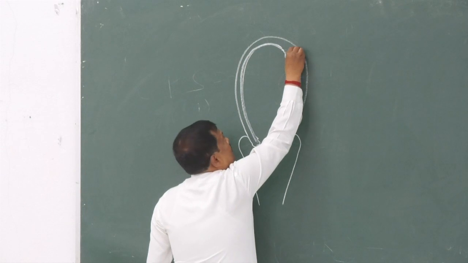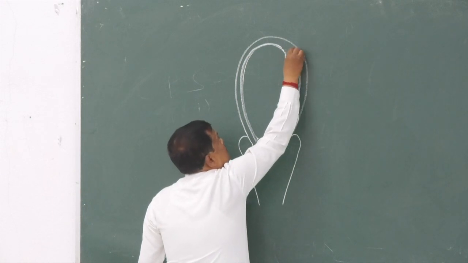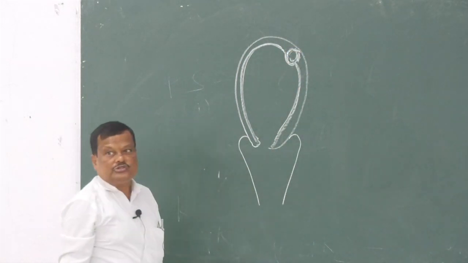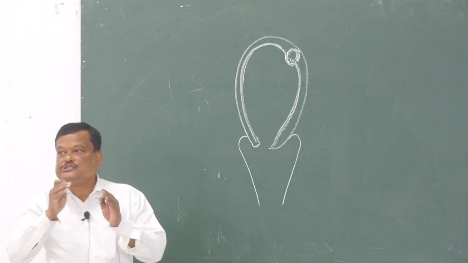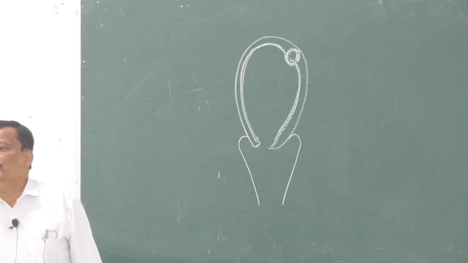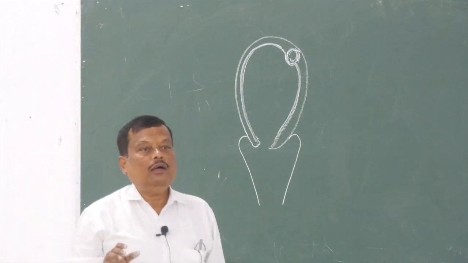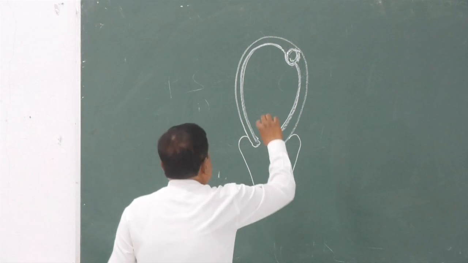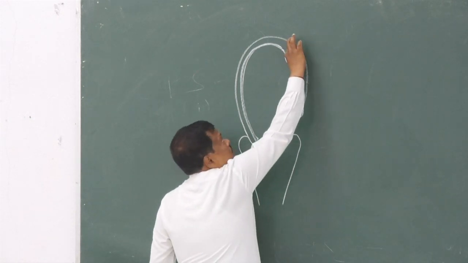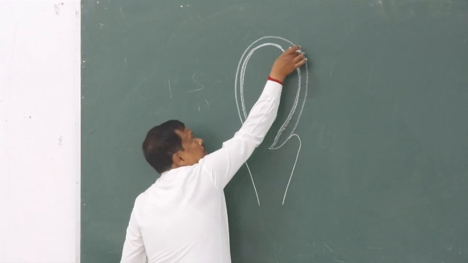This part, where the embryo will develop, we call decidua basalis. Only this portion.